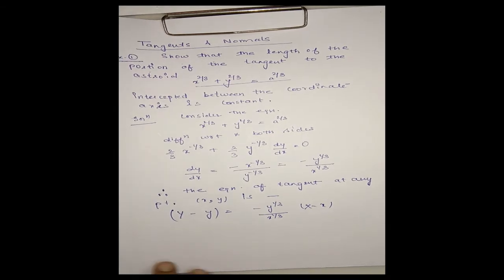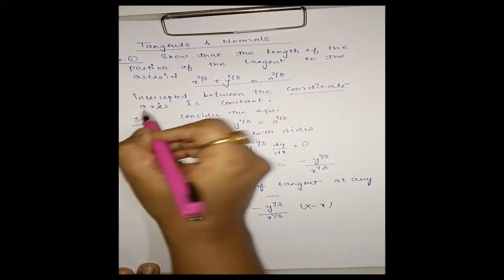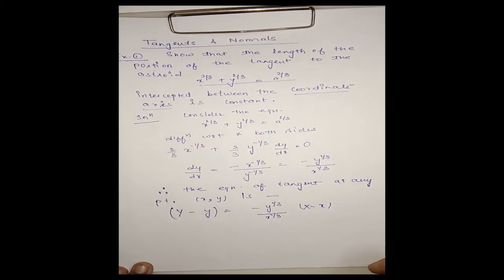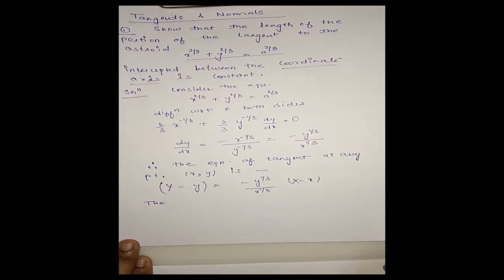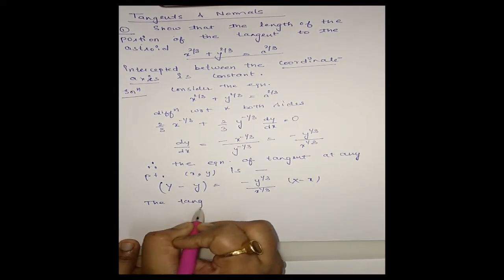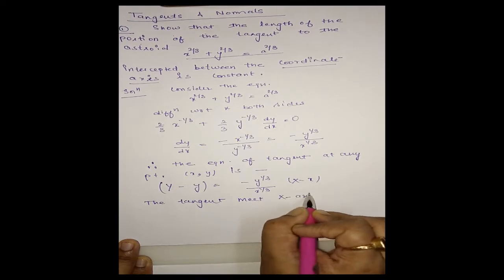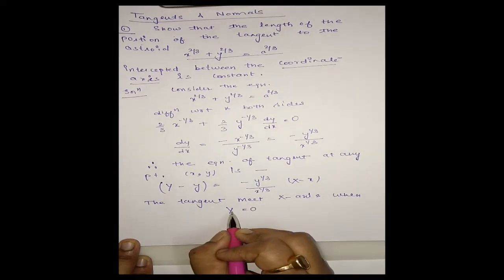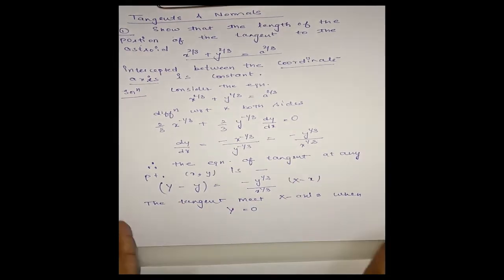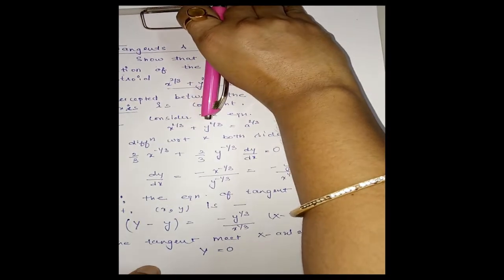Now we have to find the intersection of this tangent with the coordinate axes, that is the x-axis and y-axis. First, with the x-axis: the tangent meets the x-axis when y is equal to 0.